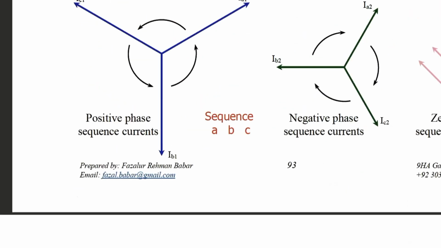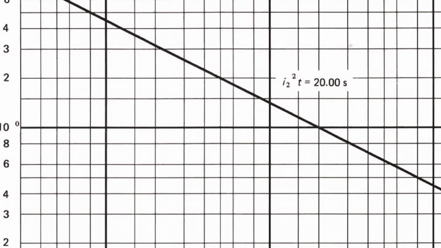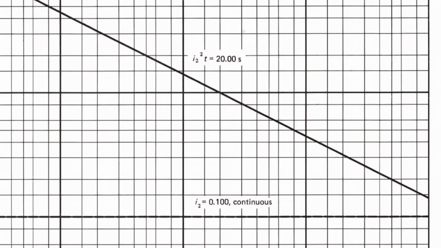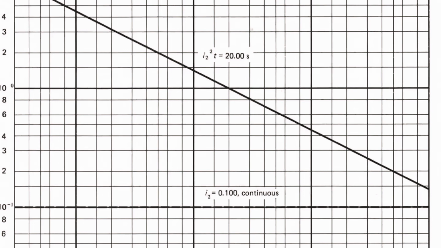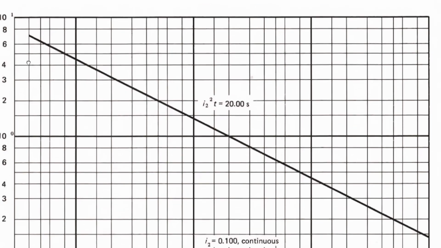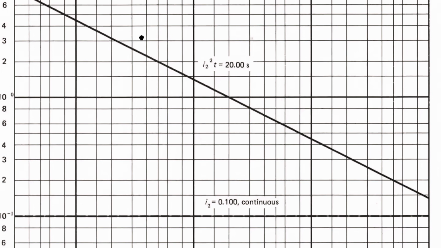Okay, so how will the gas turbine trip or the breaker open? In this case, the gas turbine will not trip, only the generator breaker will open. This is a time curve for the negative sequence current I2. If the current is more, the breaker will open in a very short time.